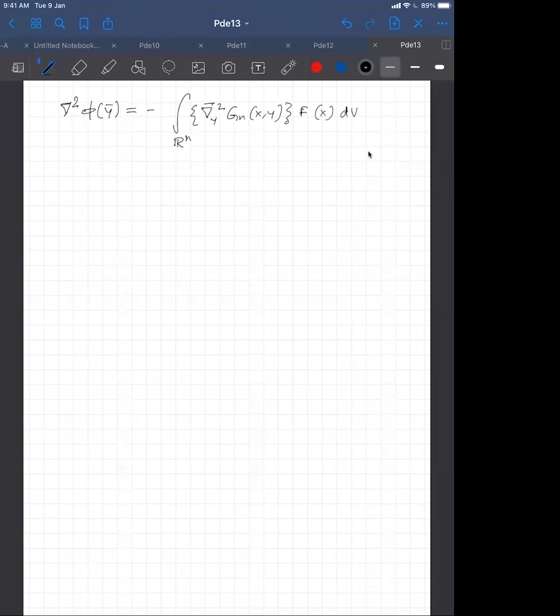Formally, this is the integral over Rn of delta n of x minus y f of x dV. So this is just minus f of y. This is what you wanted just from the start. Okay.